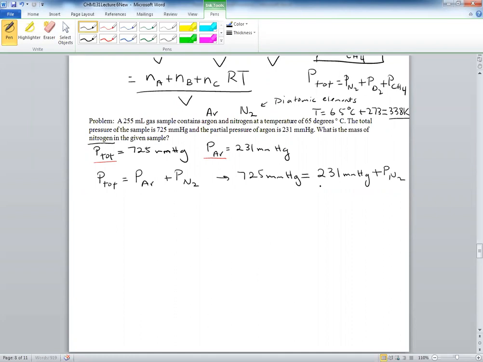So we have to solve by subtracting 231. 725 minus 231 gives us P of N2 of 494 millimeters of Hg.